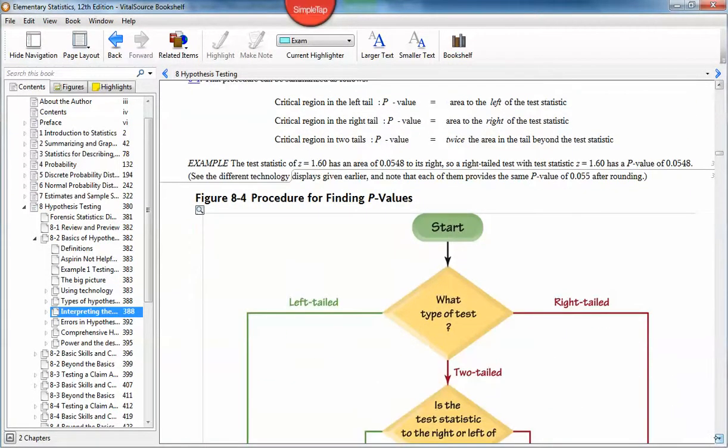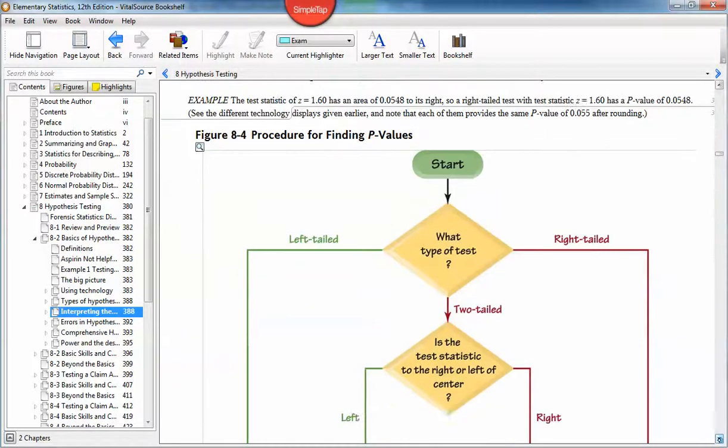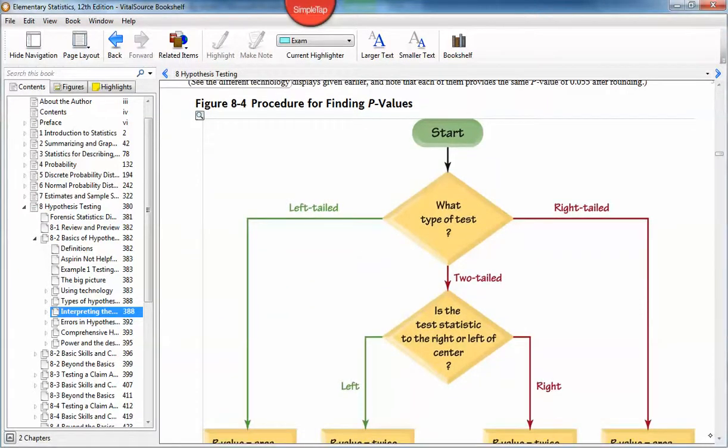I would suggest, when you can, to always use the p-value test, just because to me it makes the most sense right away, but it may not to you, so you can use either method. But let's first look at the p-value method.